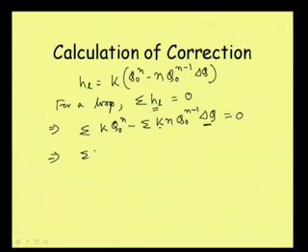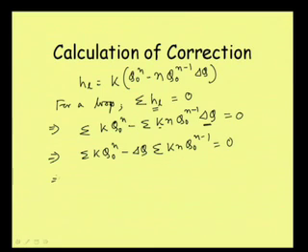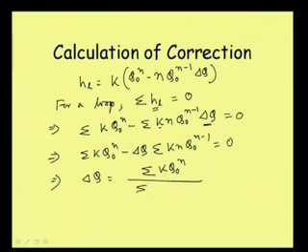So, this implies summation of K Q0 to the power n minus delta Q into summation of K n Q0 to the power n minus 1 is equal to 0, and this implies that delta Q is equal to summation of K Q0 to the power n divided by summation of K n Q0 to the power n minus 1. Fine.